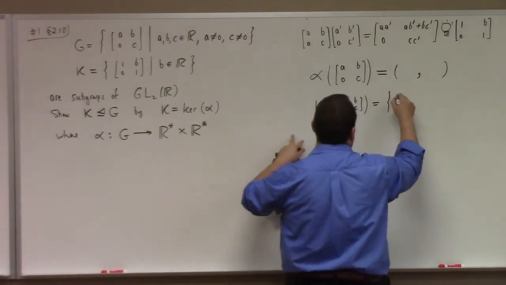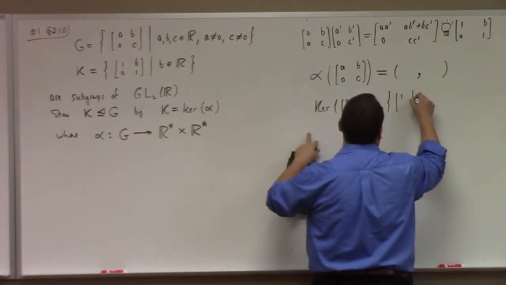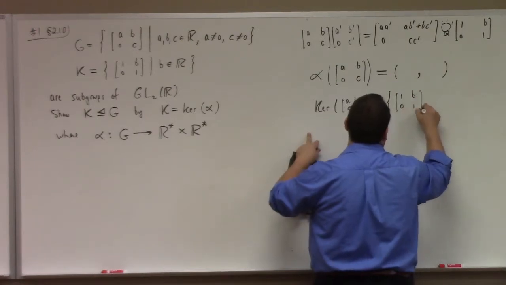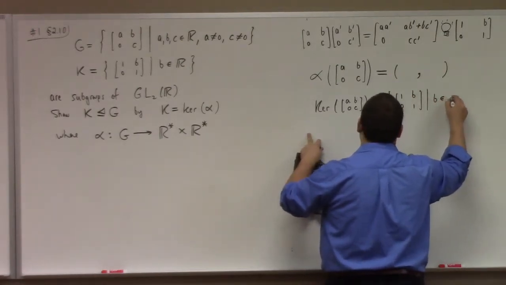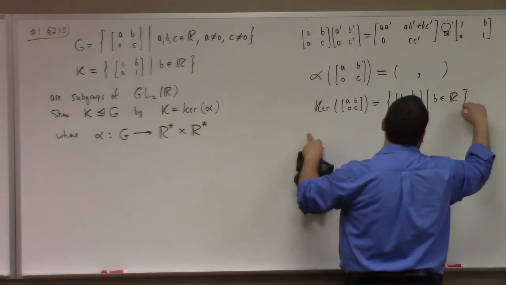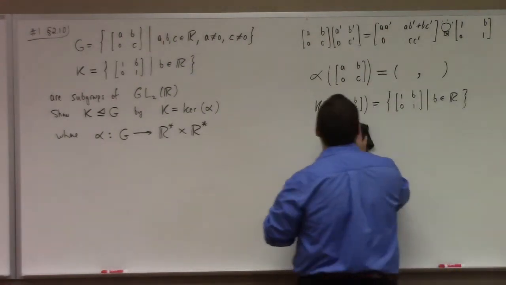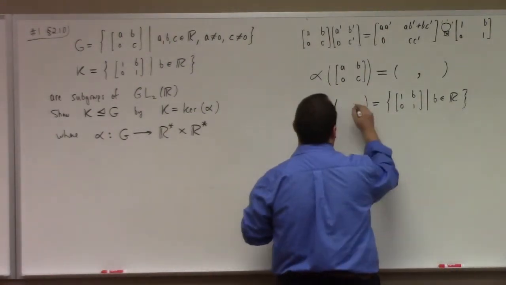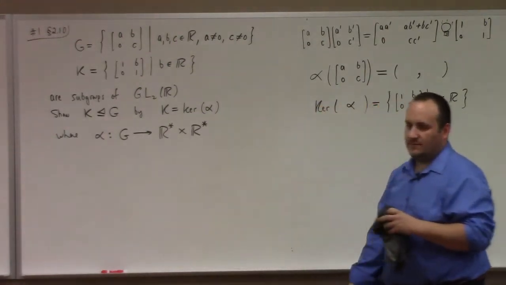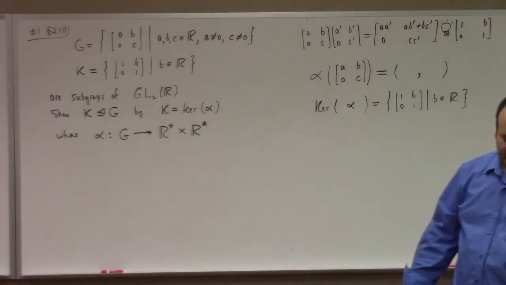It's equal to 1, B, 0, 1, such that B is an element of the reals. I'm sorry, did I say kernel of that? I'm an idiot. Kernel of alpha. Yeah.